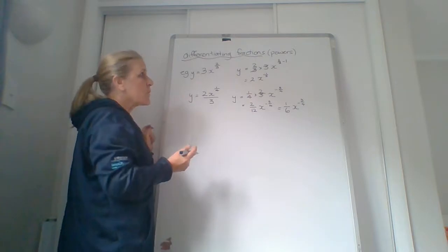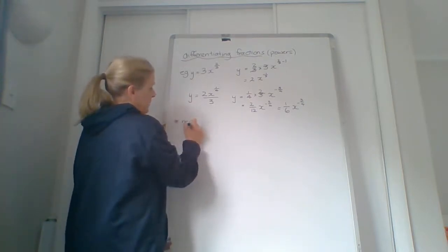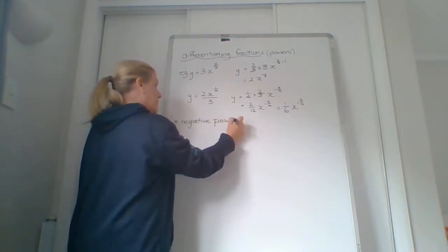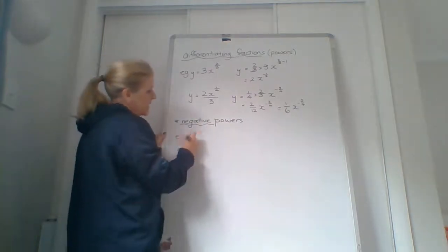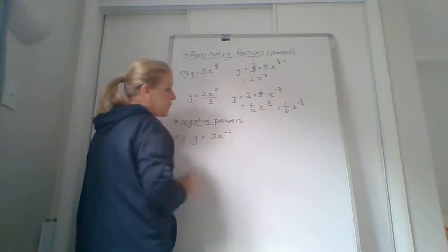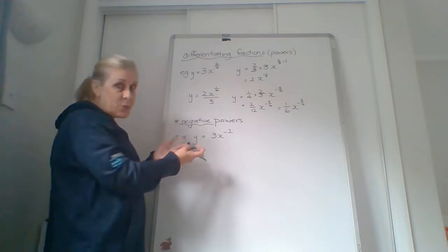The next one I want to look at is when we've got negatives. So negative powers. If we've got a negative power like this, y equals 3x to the negative 2, we want to first of all understand where that's come from. It's very easy to do from here.